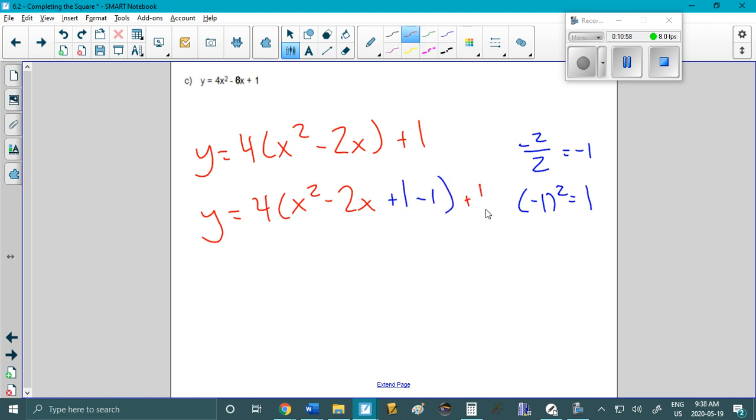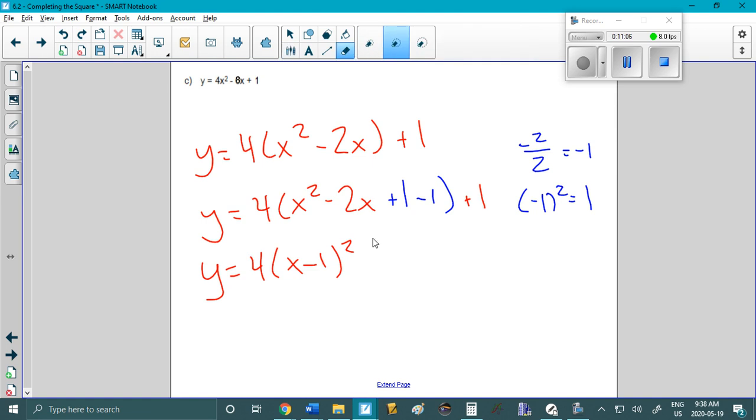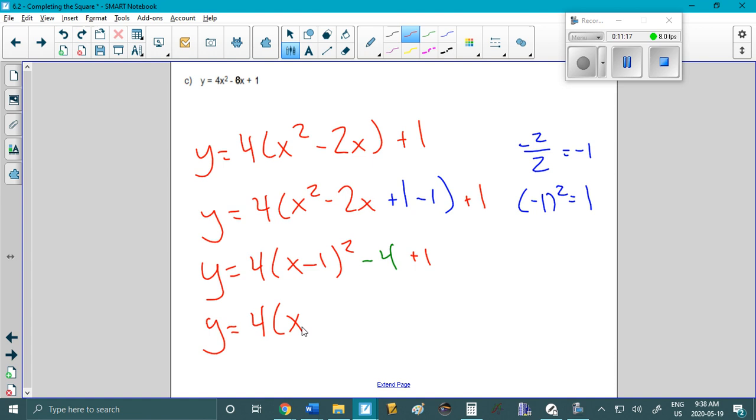And then we add 1 at the end. Oh, I almost missed that crucial middle step. 4 times negative 1 is negative 4 plus 1. So y equals 4 times (x minus 1) squared minus 3.